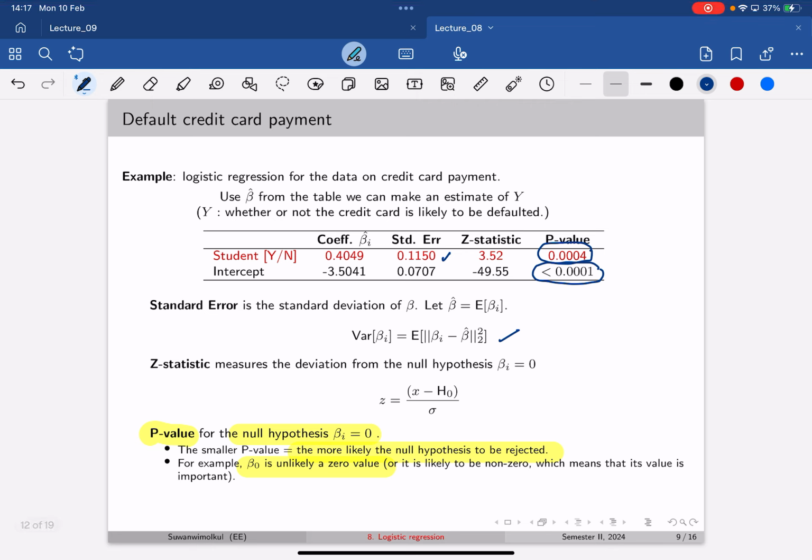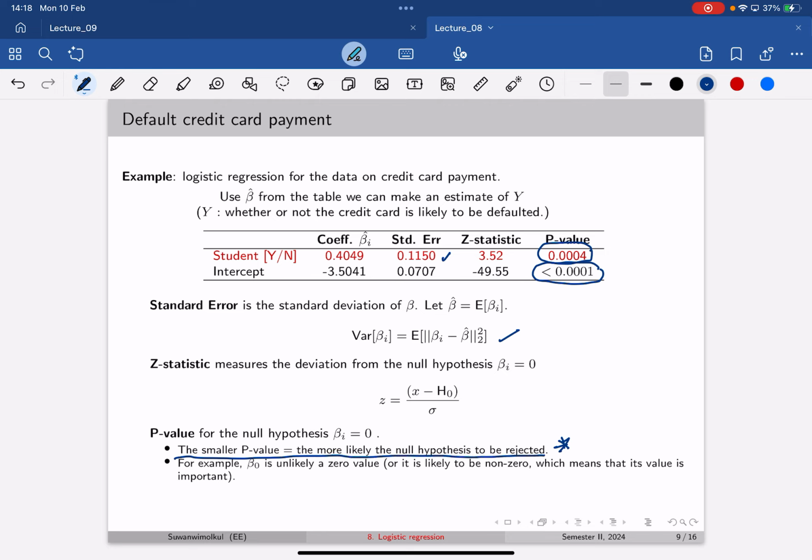Maybe first of all, the p-value is representing how likely the null hypothesis will be rejected. What I'm trying to say is that the smaller the p-value, the more likely the null hypothesis will be rejected.